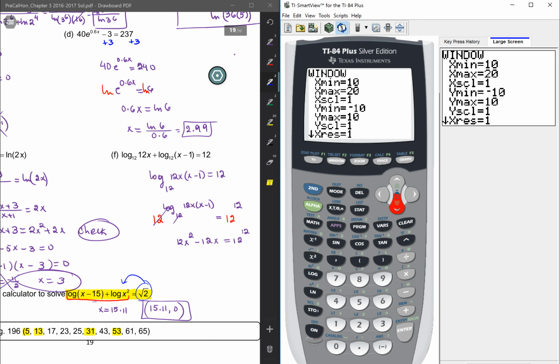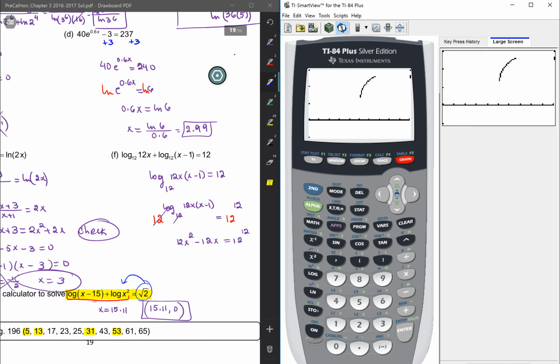And here, since we want it to cross y equals root 2, I don't need this negative 10 to 10. All I could do is, let's say, negative 1 to 3. Graph. Okay, there's the first graph, and there's the second graph, and they barely cross over there.